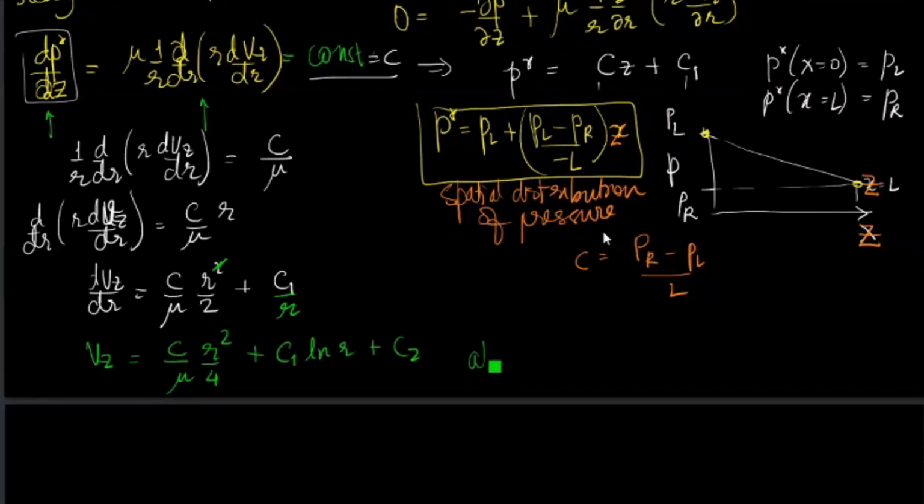Now at R equal to 0, this log term blows up. It tends to minus infinity. So because the flow has to be bounded, C1 has to be equal to 0.